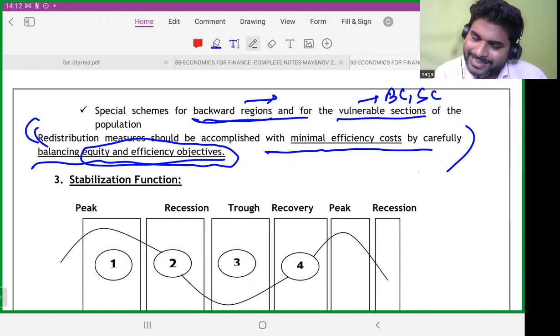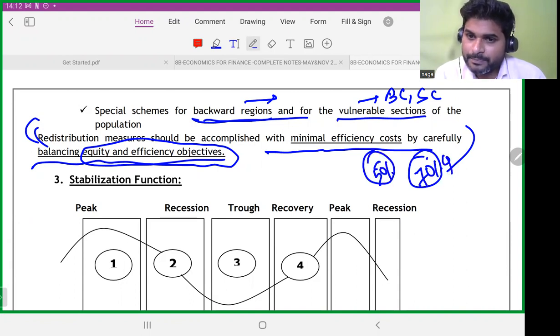Someone who got 70 percentile will not be given preference if he's a general category, but someone who's getting 50 percentile is given priority in a government exam. What happens? Someone who's fit for the job is not getting the opportunity.